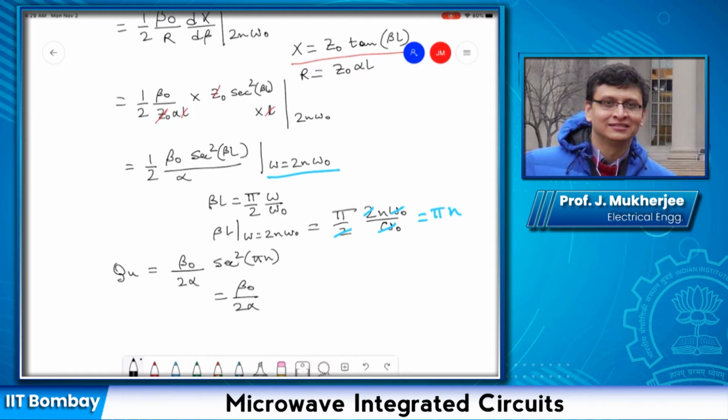Now this can also be further simplified as 2 pi upon lambda 0, upon 2 alpha, which is equal to pi upon alpha into lambda 0. Okay.